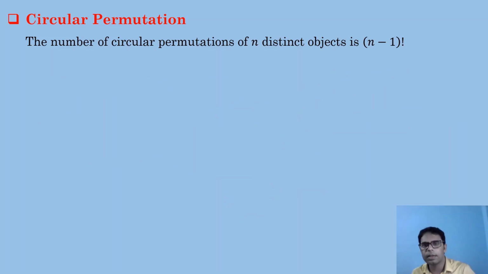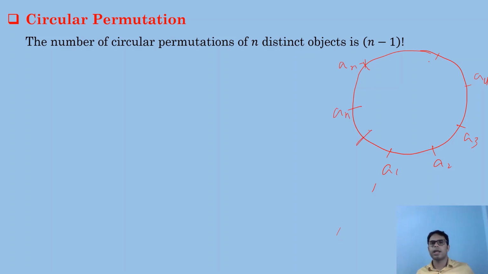Let me take any one of the circular permutations, beginning with a1, then a2, a3, a4 and so on, a n minus 1, and finally an.